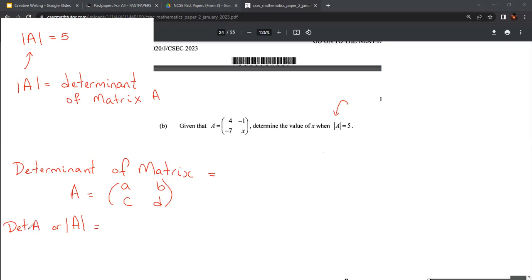So determinant of A, we use the formula AD minus BC.